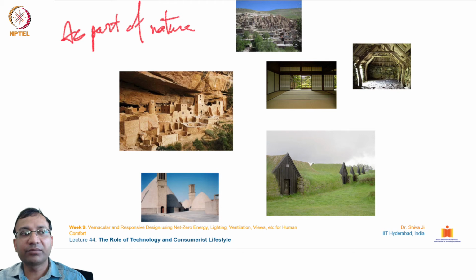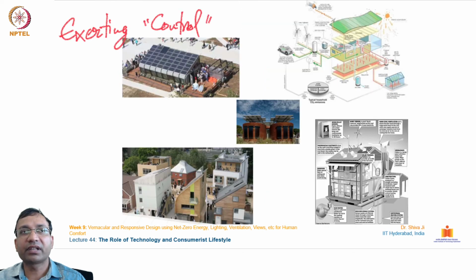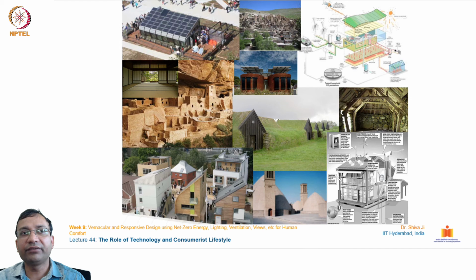And in recent times, if you see how these adaptations have been done, utilizing mechanical methods, electricity based solutions to control temperature, humidity, and the wind directions. So a combination of these, you see how integral these examples are with the climate.